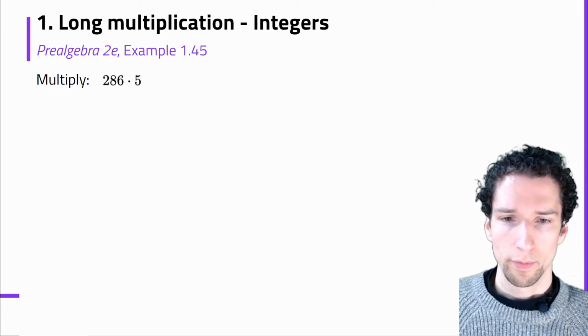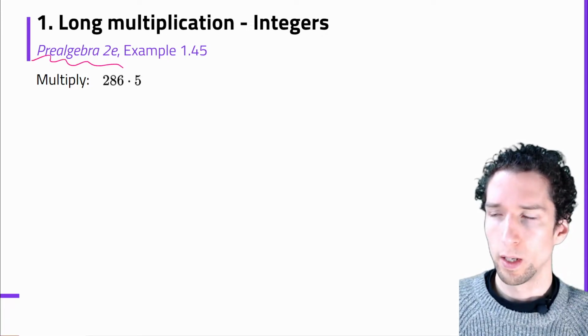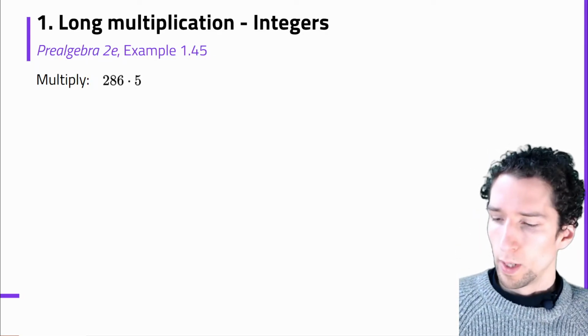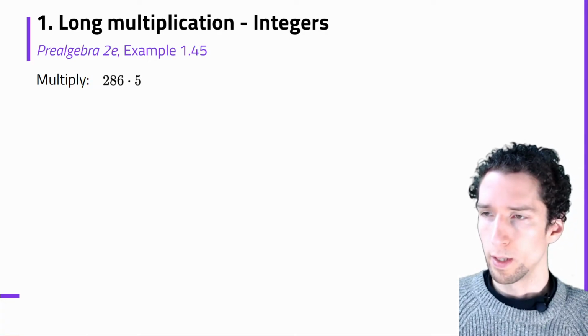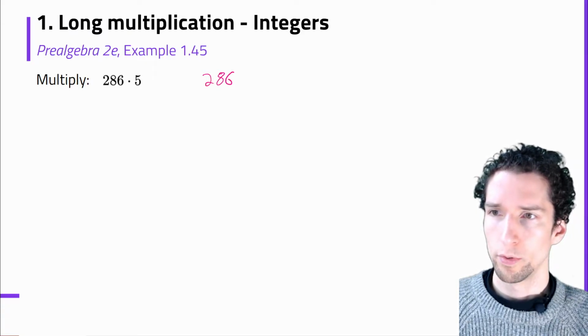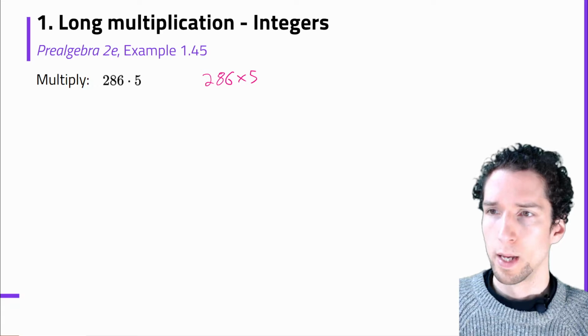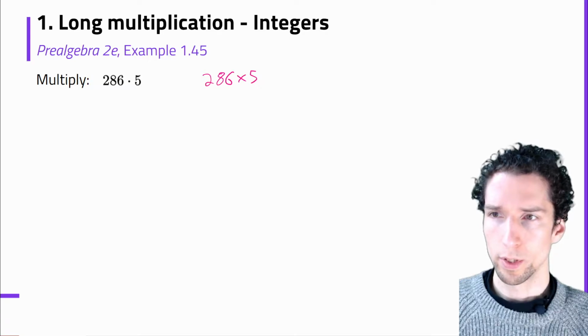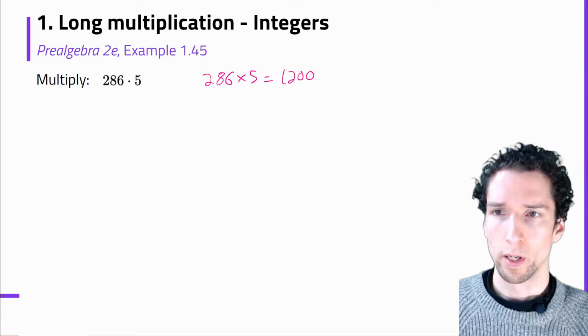Like right here with our first example, from the pre-algebra textbook, example 1.45. We are just going to multiply these 2 numbers here: 286 times 5. Our long multiplication method here, basically what we're doing is taking the 286 and saying that's the same as 200 plus 80 plus 6, times 5.